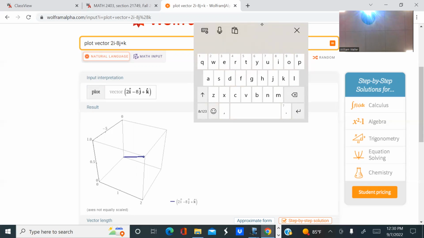Starting. So is that a negative y-axis? The vector is obviously drawn correctly.